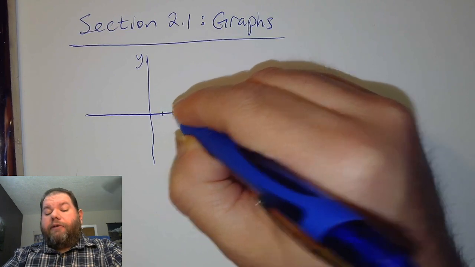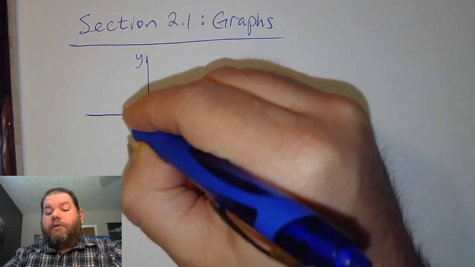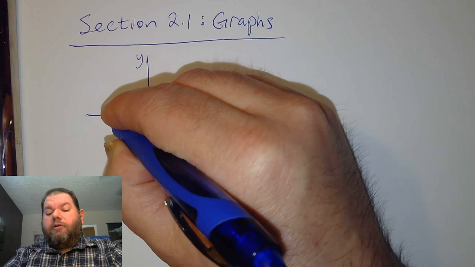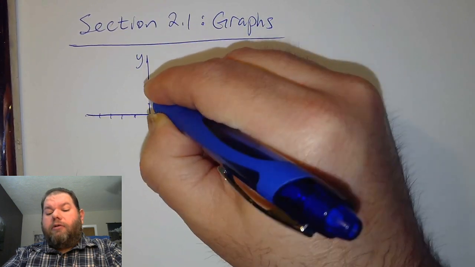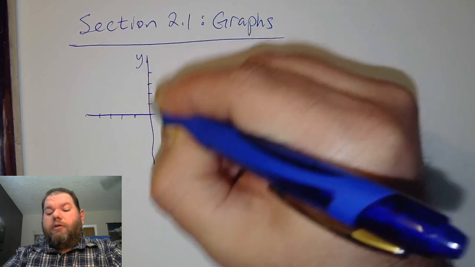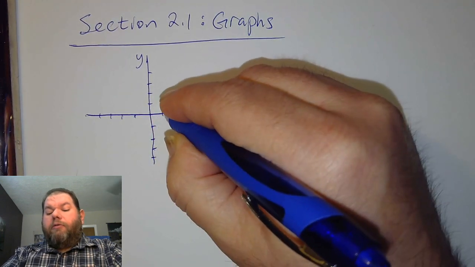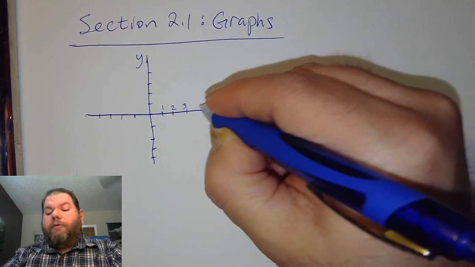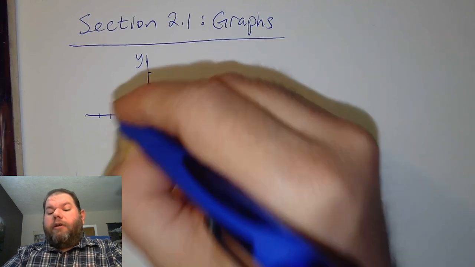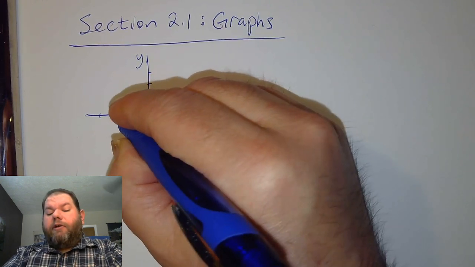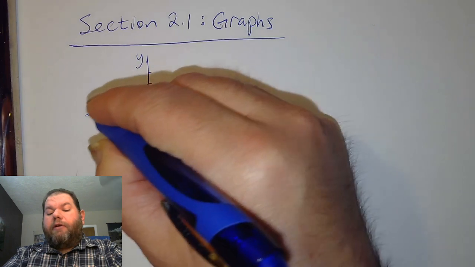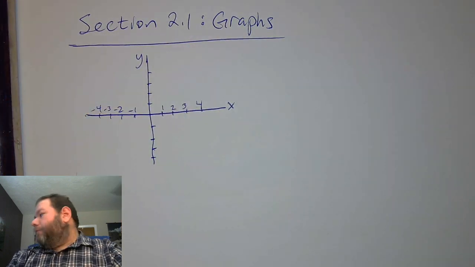And if we were to label some points here, we have 1, 2, 3, and 4. And on the left-hand side, negative 1, negative 2, negative 3, and negative 4.